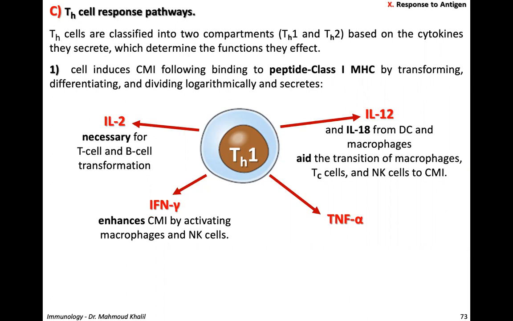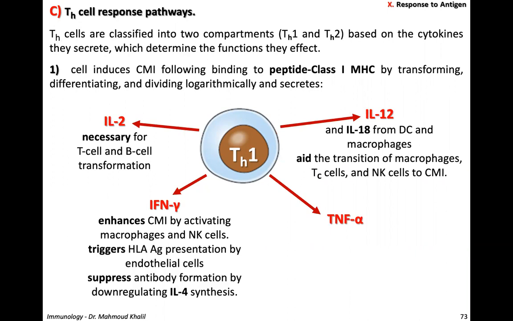While interferon gamma enhances cell-mediated immunity by activating macrophages and NK cells. And as well, it triggers the presentation of the antigen together with the MHC complex by the endothelial cells, and as well suppresses the antibody formation by down-regulating interleukin 4 synthesis.